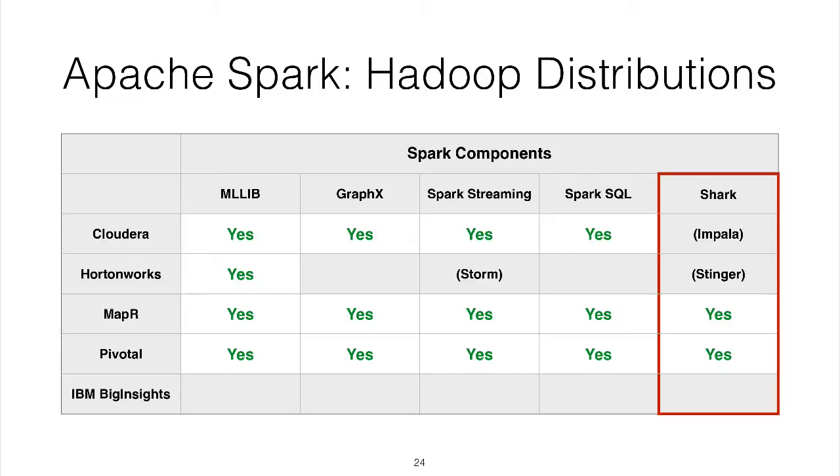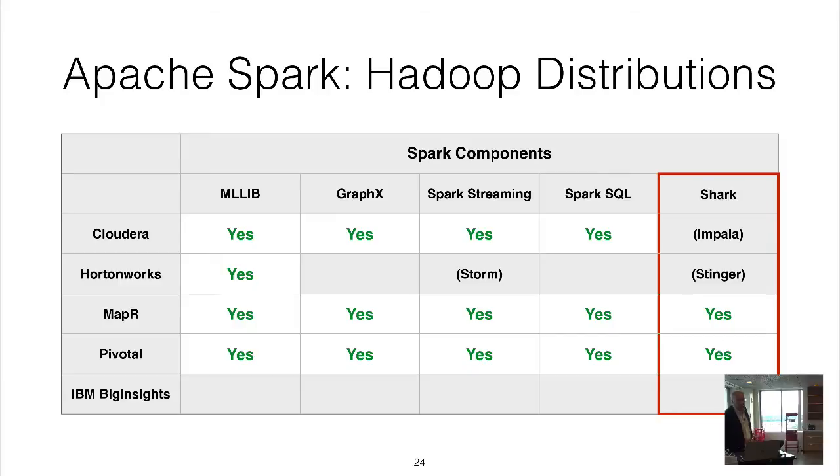Hortonworks is taking their sort of standard, careful, conservative approach. They're definitely supporting machine learning. The other components, the graph engine, the Spark SQL, Shark, they are taking no position on, since Hortonworks has its own Stinger project for fast SQL. I don't expect that they're going to jump on Shark.